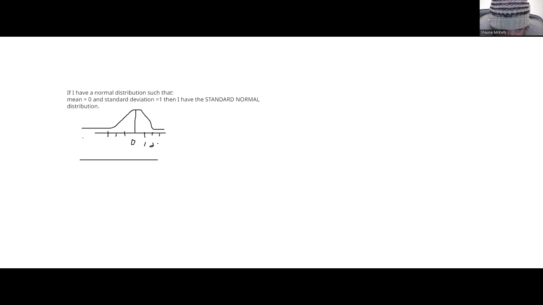Then these become standard normal curves. This is the standard normal curve.